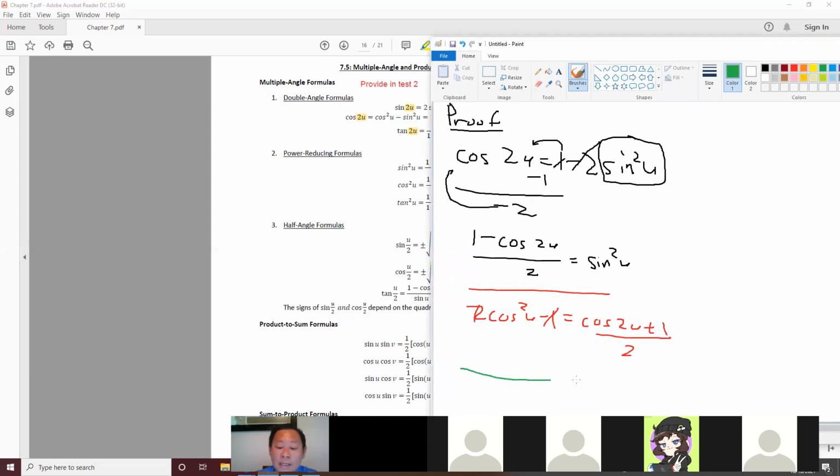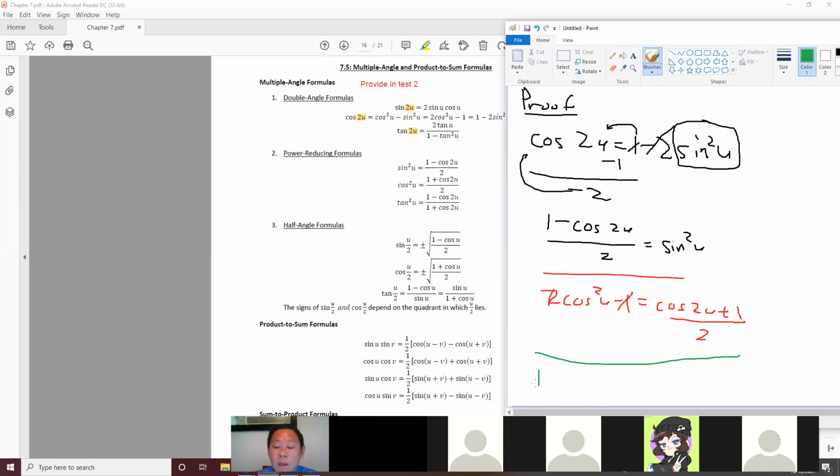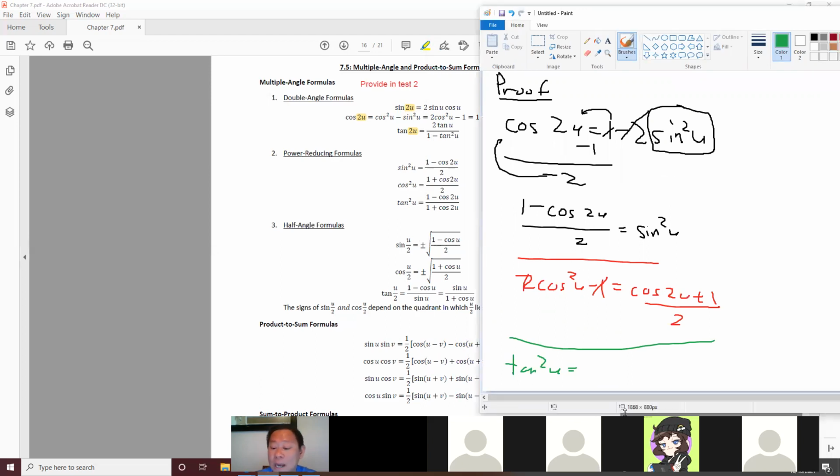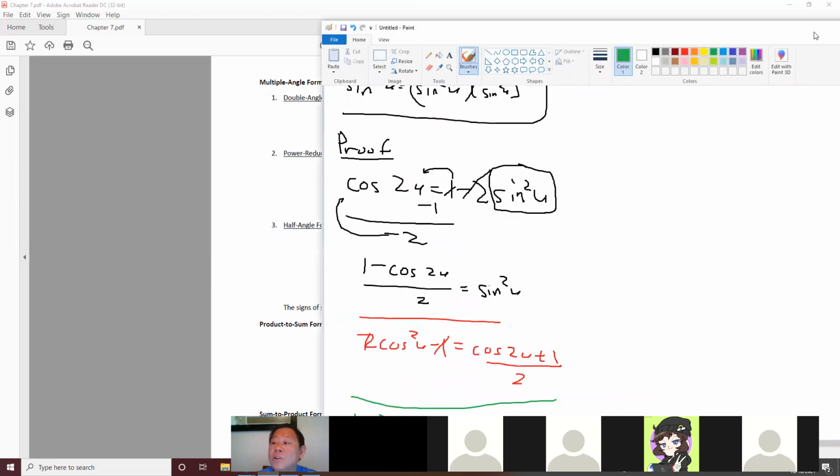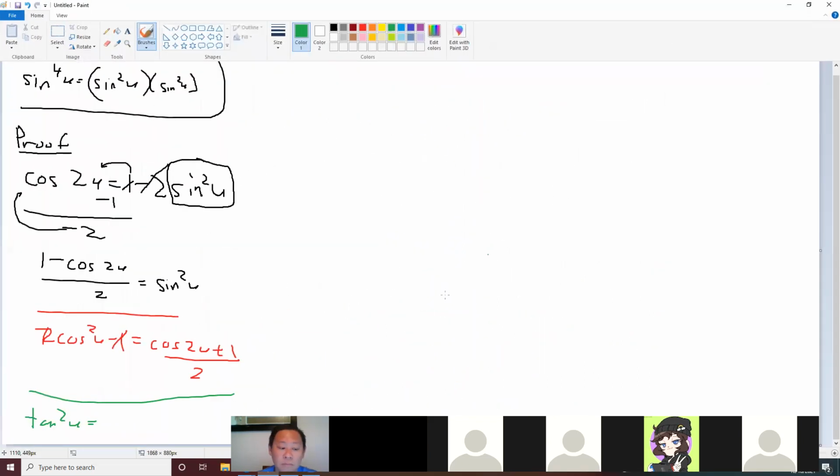And then the last thing is, how do I get the tangent square u? In order for me to prove the tangent square u, I take the quotient identity. So anyone still remember what is the quotient identity for tangent? What over what?